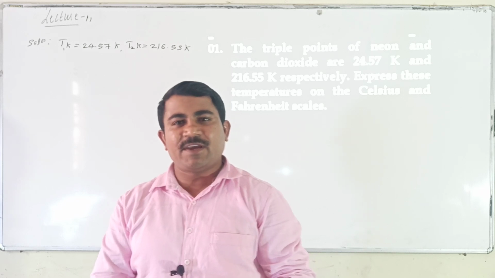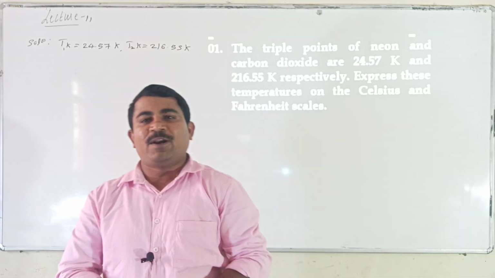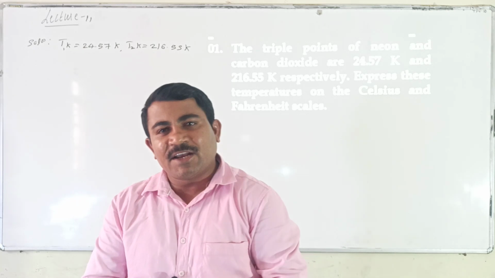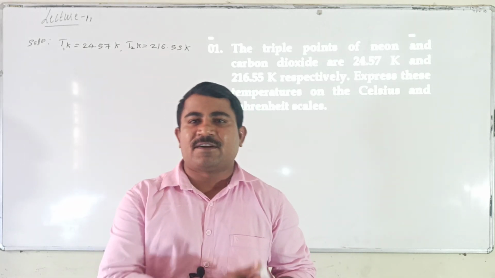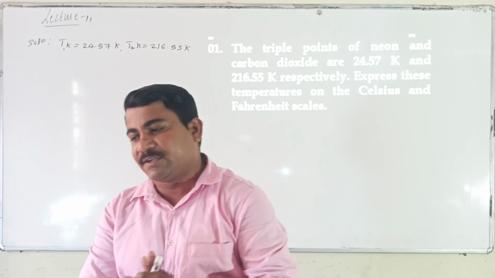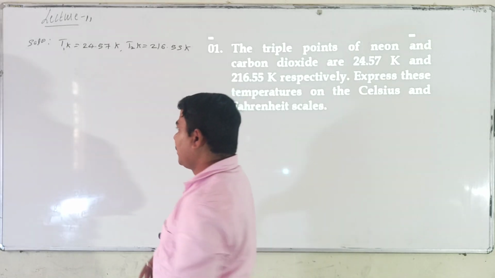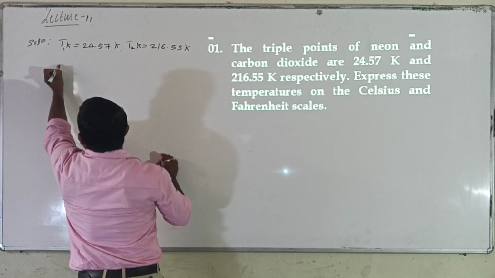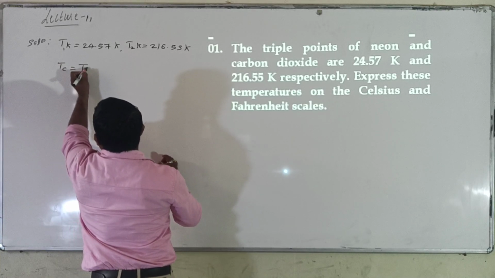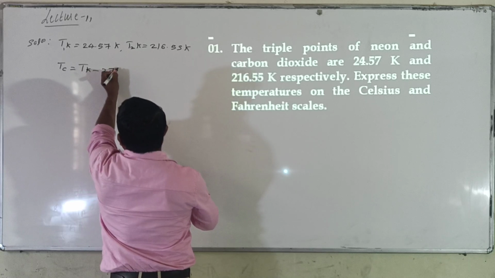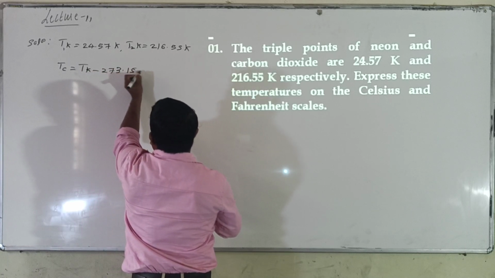Right? Shall I go here? We know that there is a relation between degree Celsius and Kelvin, and degree Celsius and Fahrenheit system. First, the relation between degree Celsius and Kelvin: Tc is equal to Tk minus 273.15.